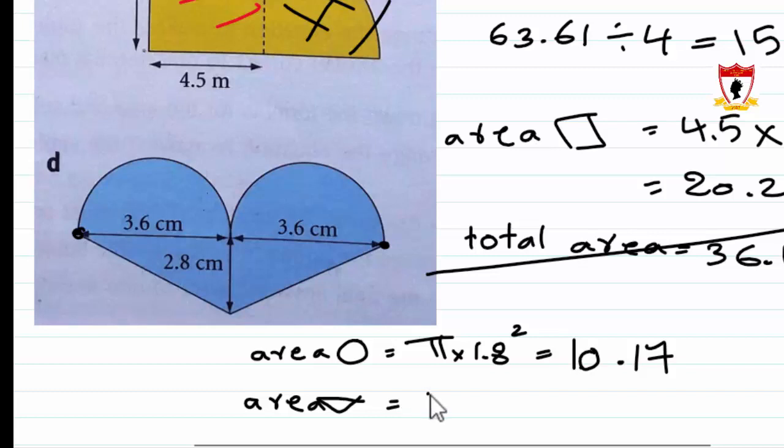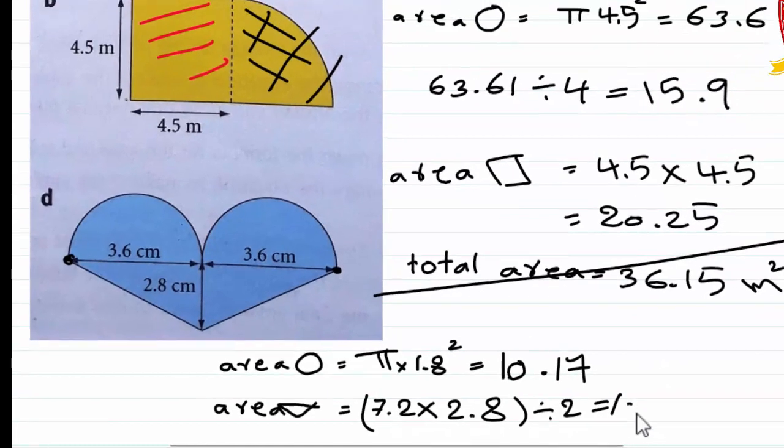The base is 7.2 times the height is 2.8, and this result should be divided by 2, because this is the rule of the area of triangle, is BH over 2, base times height divided by 2, 10.08.